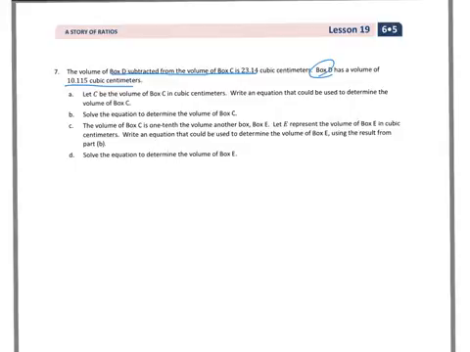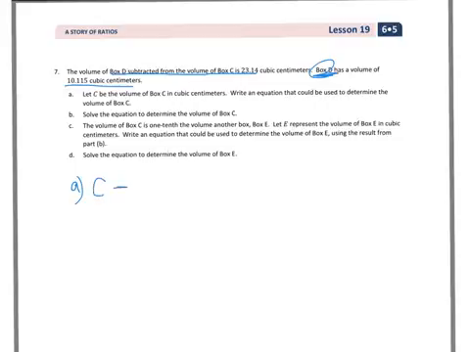So the first thing we have to do for A, it says, let C be the volume of box C in cubic centimeters. Write an equation that can be used to determine the volume of box C. So I have to take what I just read and put it into an equation. And I know that they gave me box D, and I know I have to subtract box D from C, so I'm going to put C minus.